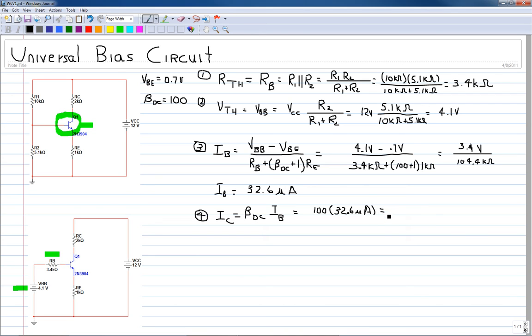Plugging that into a calculator gives us a value for IC of 3.26 milliamps.